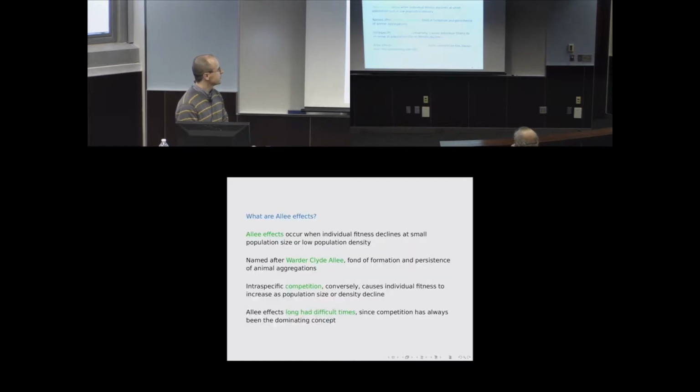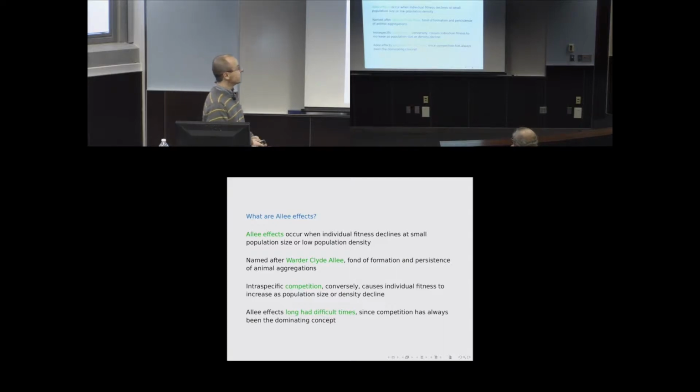So what are Allee effects? Allee effects occur when individual fitness decreases as the population size declines. So essentially, it's an opposite mechanism to intraspecific competition, where, on the other hand, individual fitness increases as population size declines, because individuals have more resources to use, and then they live better than when there are more of them.